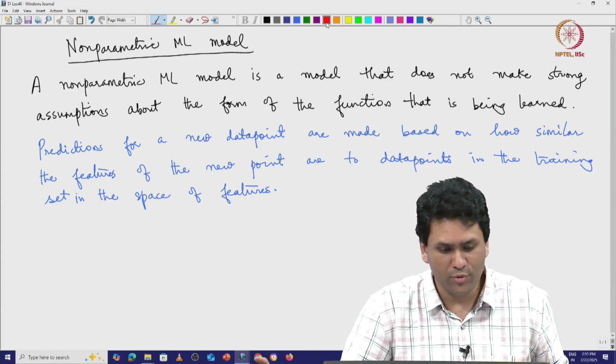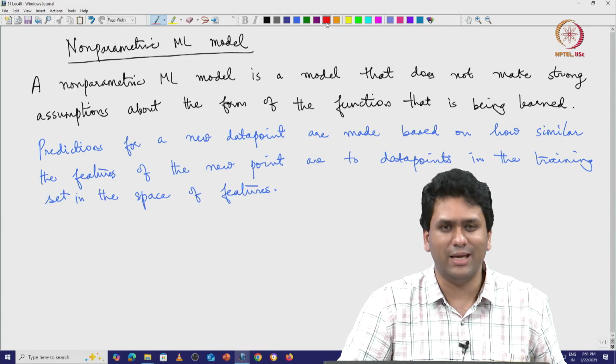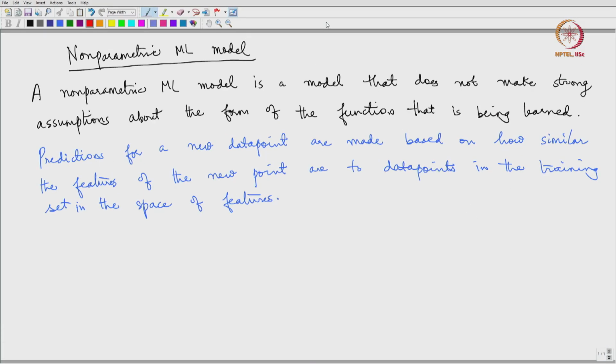I hope you understood the basic concept. Now let us look at a few example cases. Some examples, and I already mentioned a few of these to you, are decision trees, because you do not assume the architecture of the tree a priori, it comes during training.